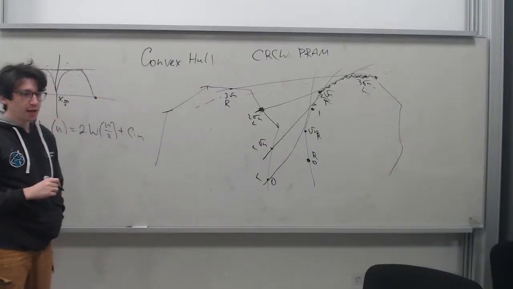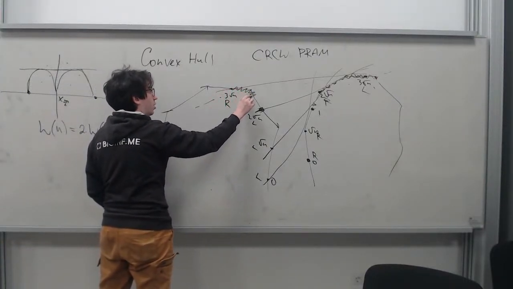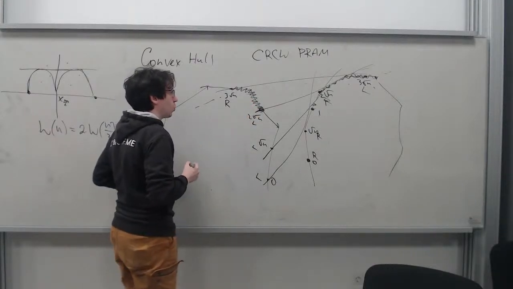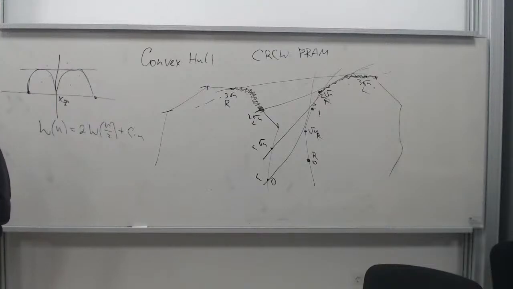So in square root of n time, you can understand on which segment you want to have your real tangent to both convex hulls.